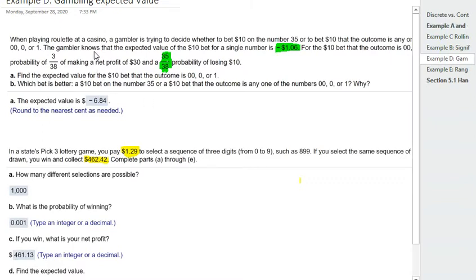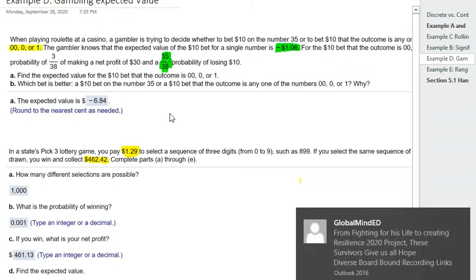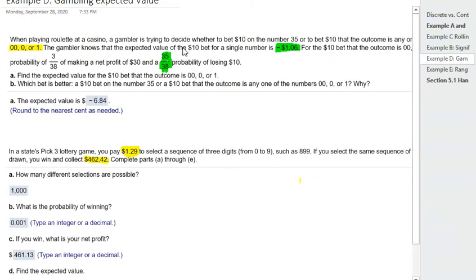It says, when playing roulette at a casino, a gambler is trying to decide whether to bet $10 on the number 35 or to bet $10 that the outcome is any of these 3 numbers: 00, 0, or 1. The gambler knows that the expected value of a $10 bet is negative $1.06.